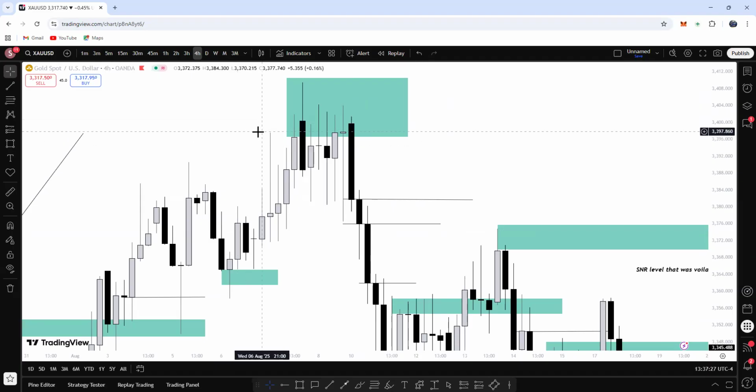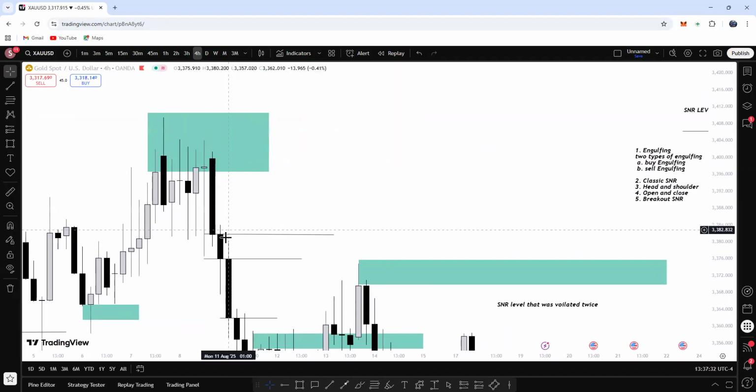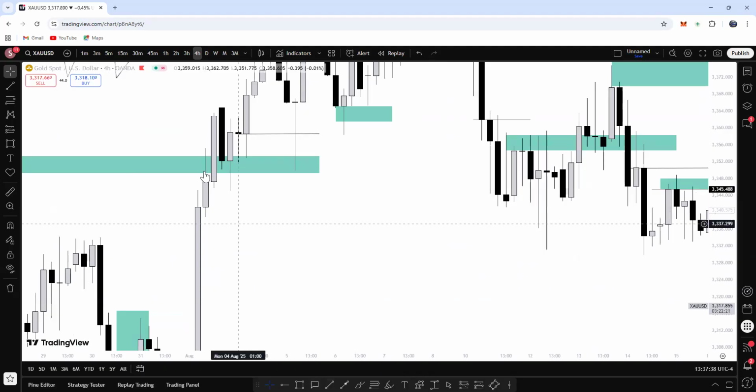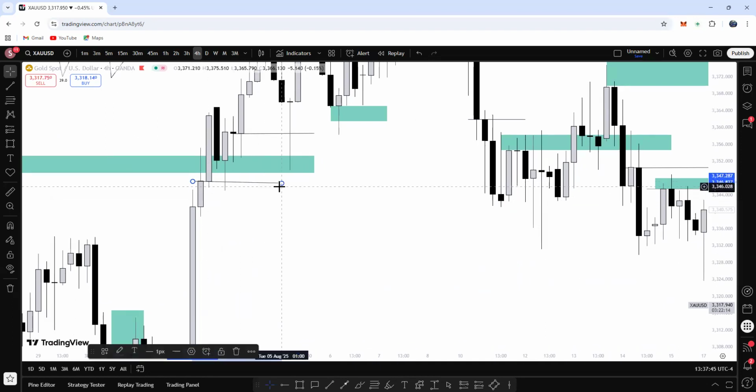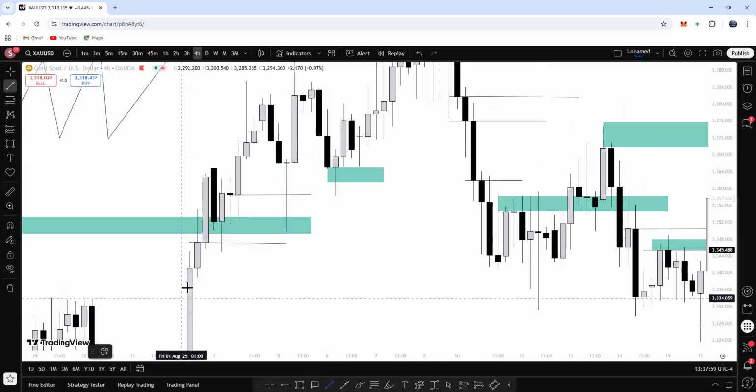So this is open and close SNR here, or this one. Open and close SNR, because this one closes there, another one opens. Price comes back, taps into it, then continues its movement. That's open and close SNR.